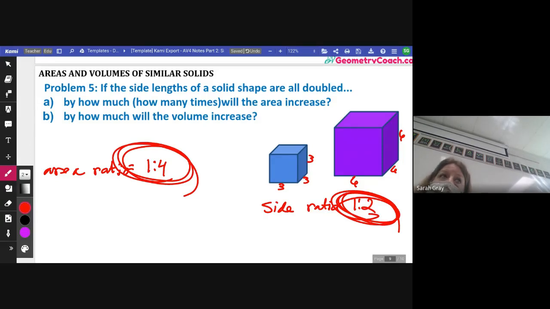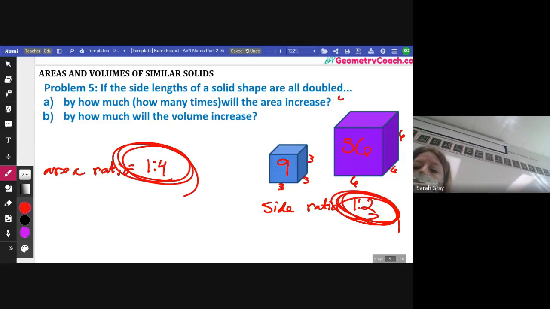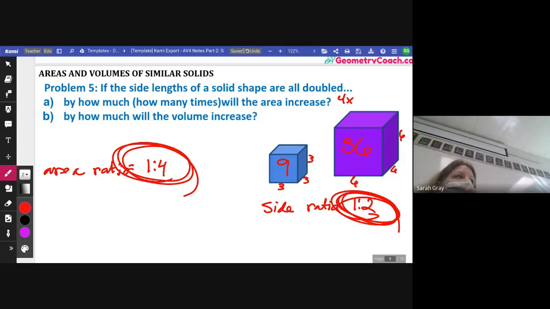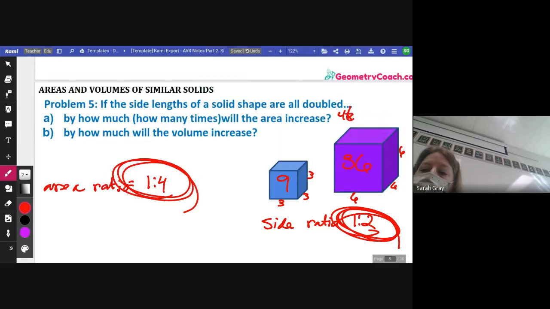More than doubled. More than that, it quadrupled. When we doubled our sides, it quadrupled our areas because we went from 1 to 2 to 1 to 4. So it increased by 4 times. I won't write 4x, 4 times.